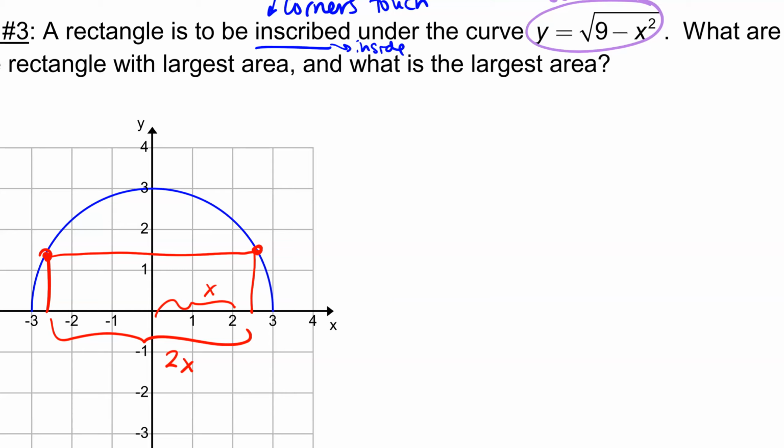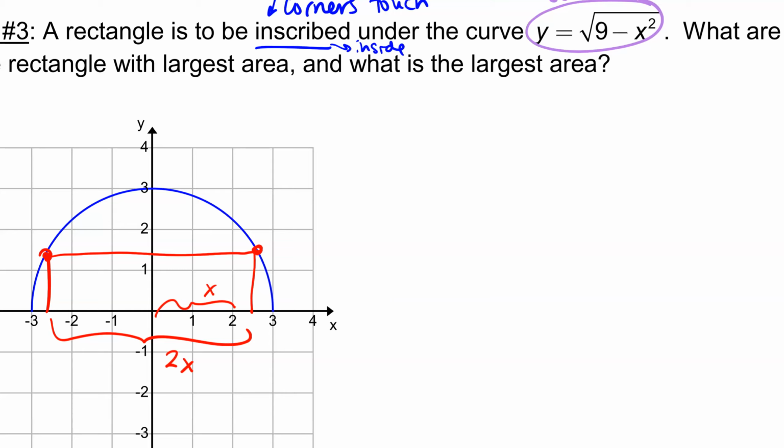The height is literally this function value, and we know the height because we know the function value: the square root of 9 minus x squared. So the curve is literally your y. The curve is your height. I need to know, at a certain x, what is my height?